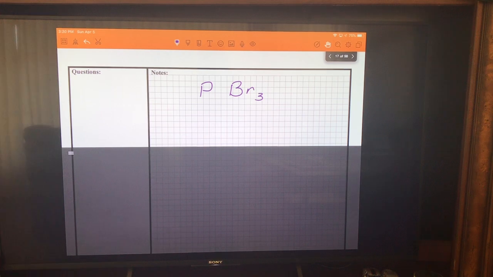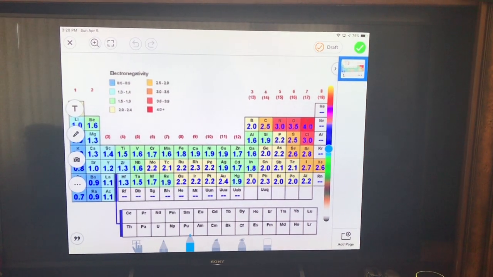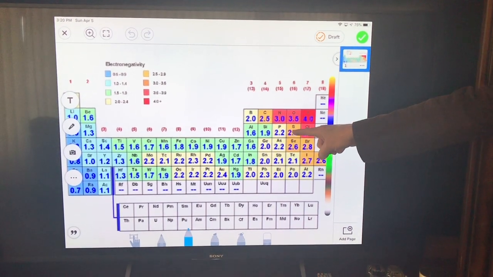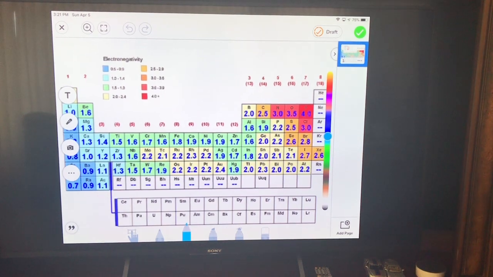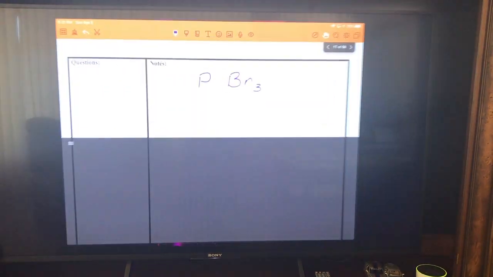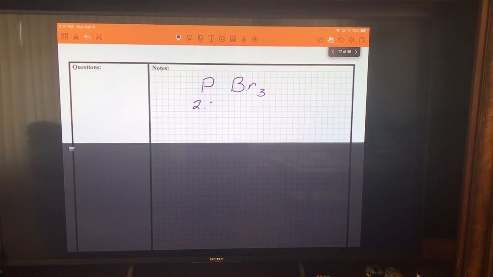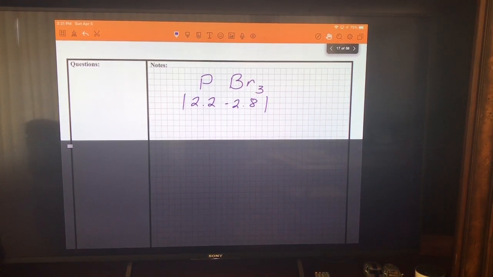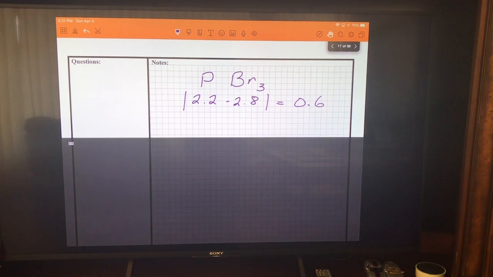So I'm going to go over to my periodic table and take a look at the electronegativities. So as you can see, the electronegativities for phosphorus is 2.2 and for bromine is 2.8. So I'm going to go back over, write those down. 2.2 minus 2.8. And remember, I want the absolute value of that, which is going to be 0.6.